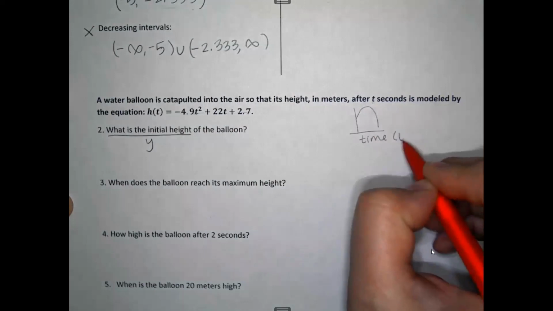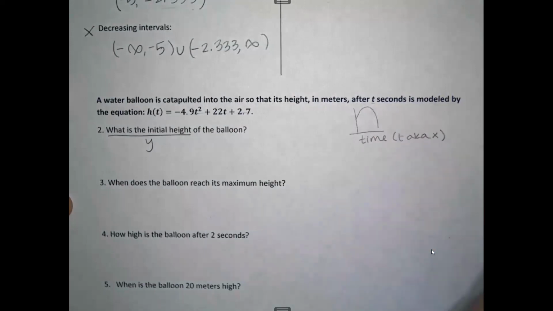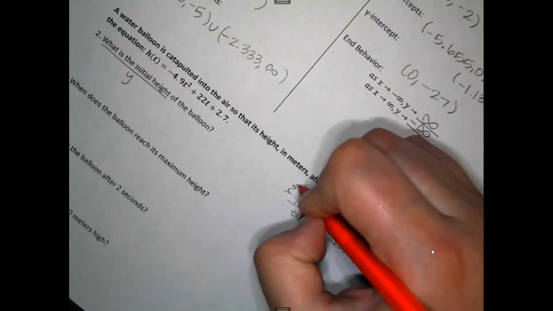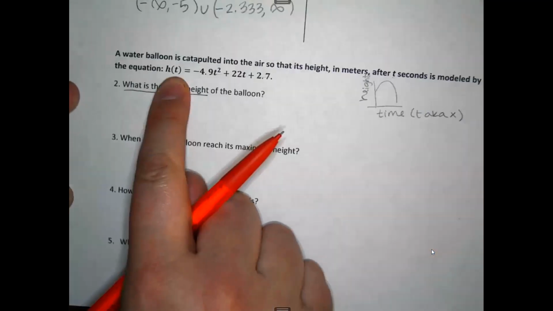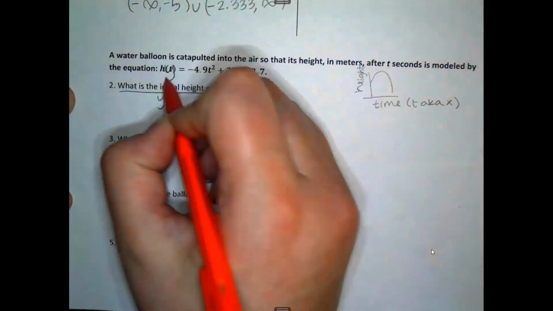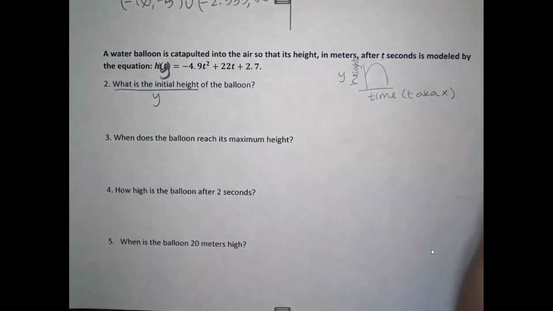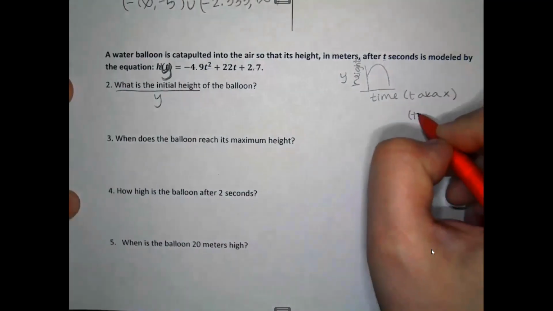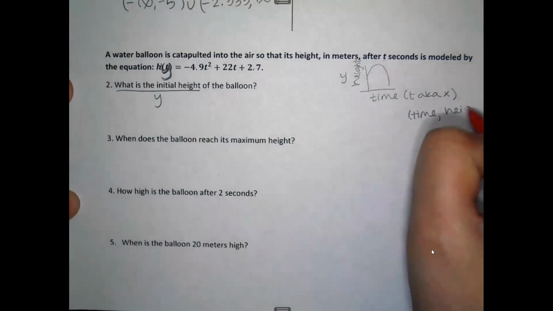Your t value is also known as your x value. And then this is the height over here, which is your h of t, which we know is our y value. So we know that our x coordinate is time and our y coordinate is height.